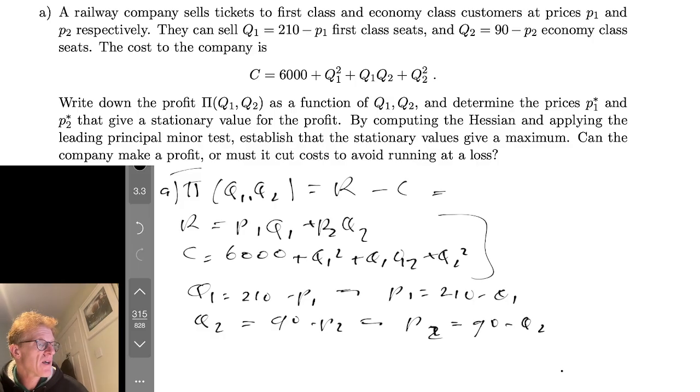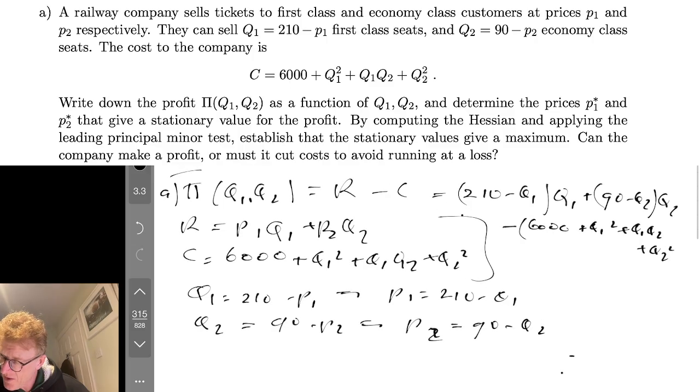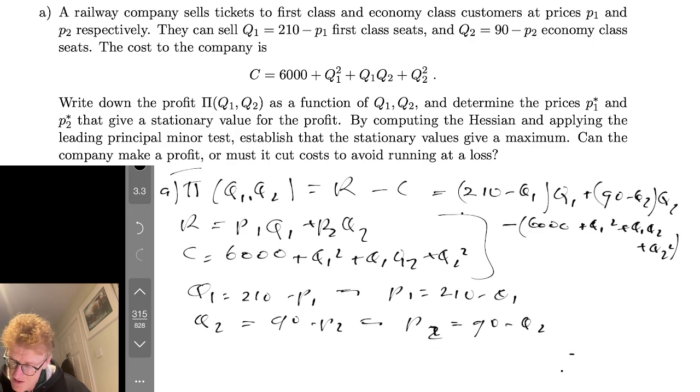So then this is 210 minus Q1 times Q1 plus 90 minus Q2 times Q2 minus 6,000 plus Q1 squared plus Q1 Q2 plus Q2 squared. So you see where there's a profit.